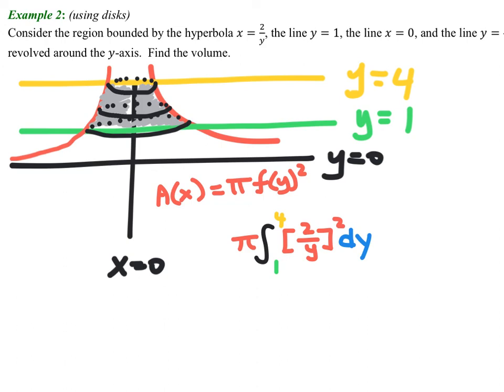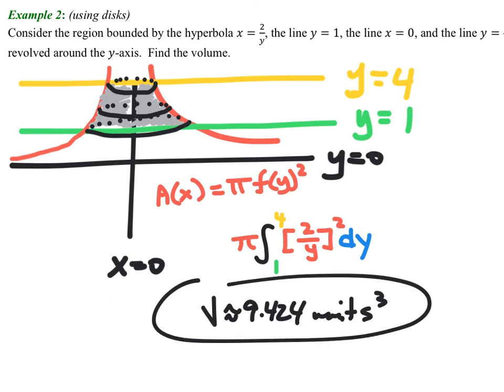We'd integrate from 1 to 4 of that. Let's go ahead and calculate on the side. My calculator is giving me a volume of approximately 9.424 units cubed. That's the disk method.